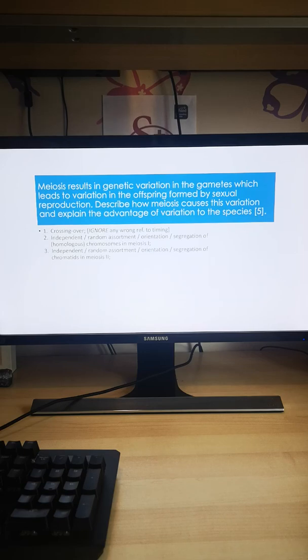And so when they are separated, there's that random segregation, as we showed in the recap with the cell with 6 chromosomes, how many different variants you could end up with from that random segregation.